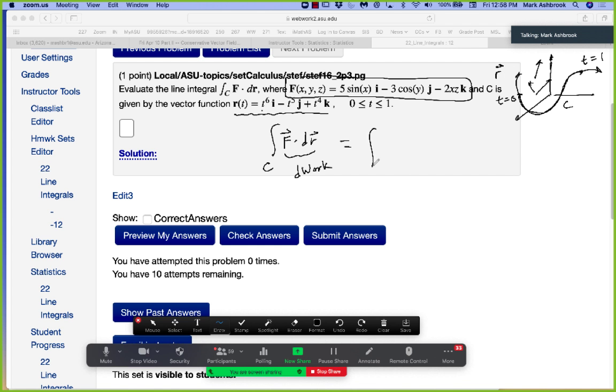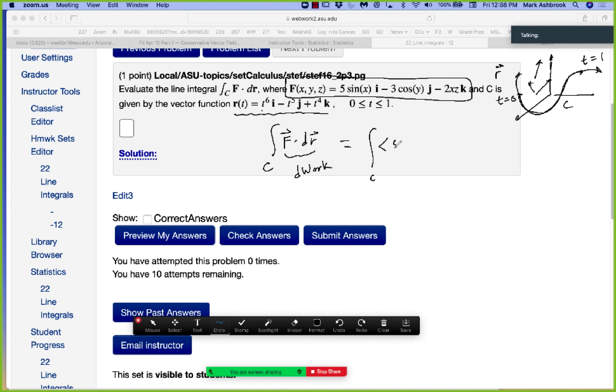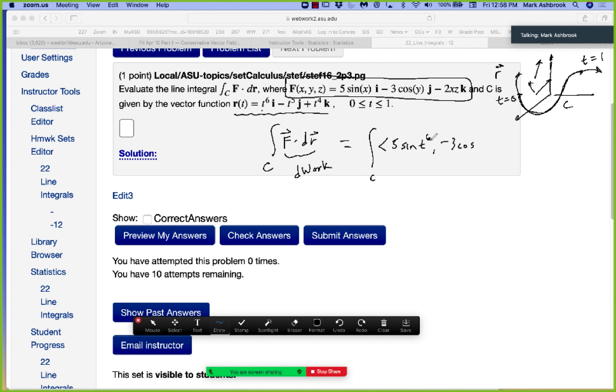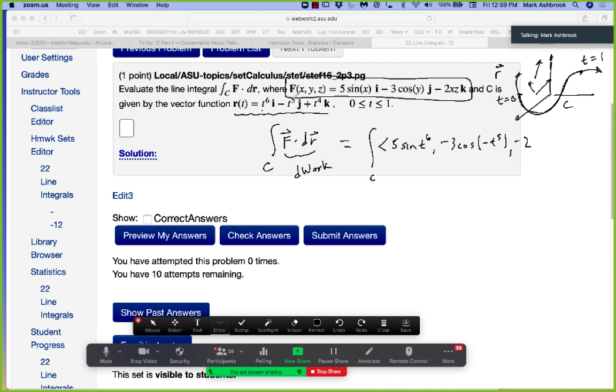If we rewrite F, it'll be 5 times sine of x, which is t to the 6th, negative 3 cosine of negative t to the 5th, and then negative 2xz, which would be t to the 6th times t to the 4th. Can I just write t to the 10th?